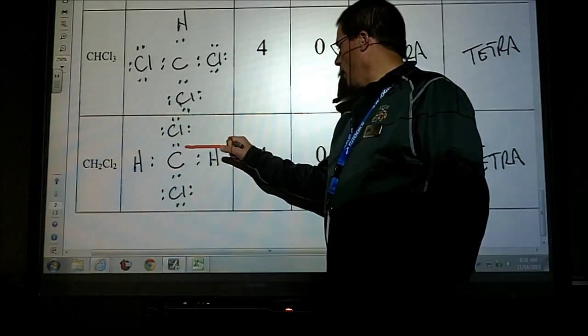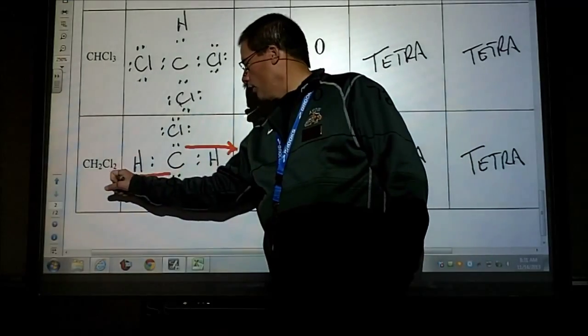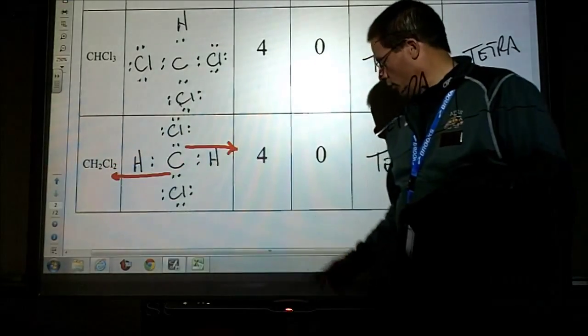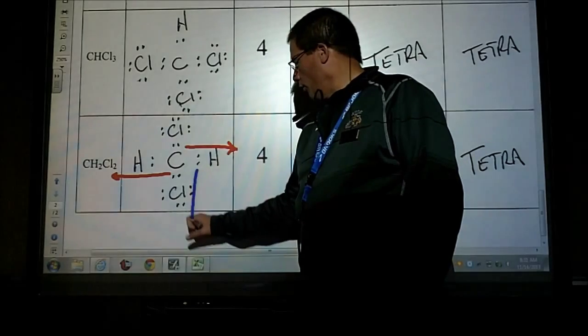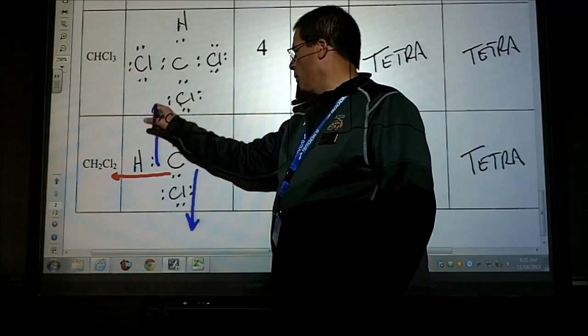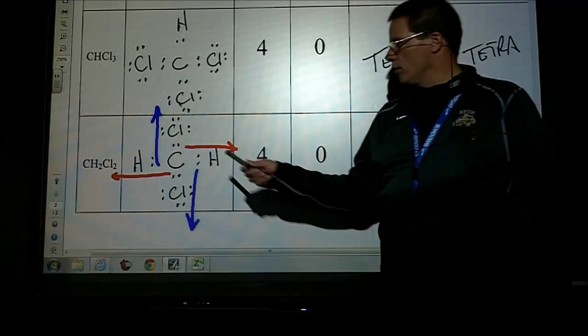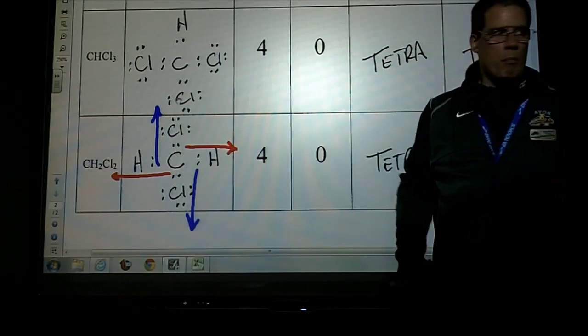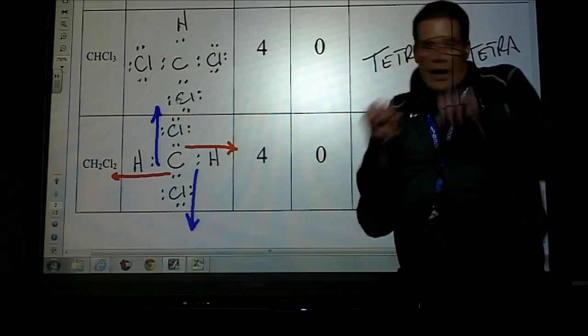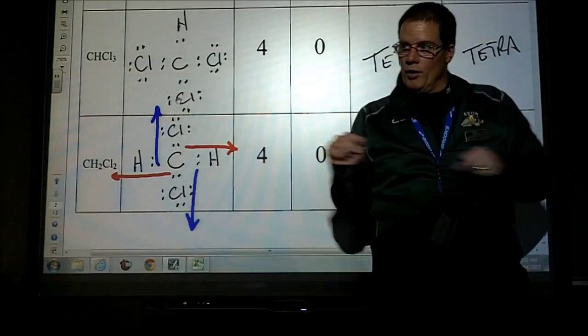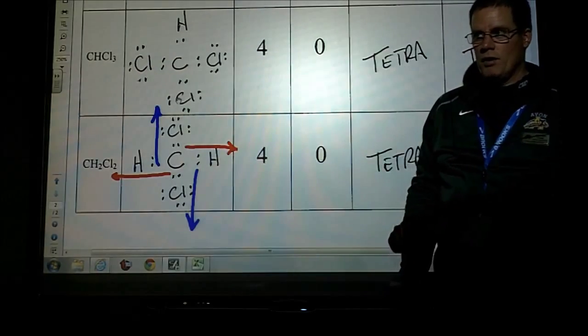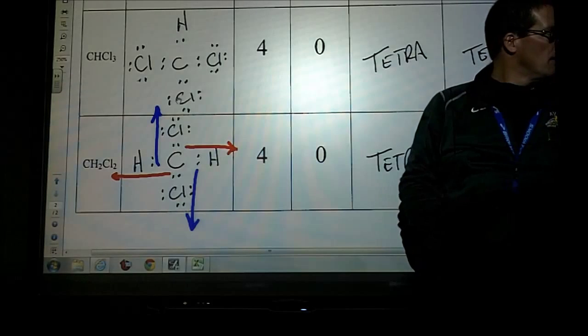Let's say that that horse is pulling with that amount of force, and that horse is pulling with that amount of force. And then we say that that horse is pulling with that amount of force, and that one's pulling with that amount of force. Could I talk you into thinking that this is now a non-polar compound? So that the hydrogens are canceling each other, the chlorines are canceling each other. Would you buy into that?